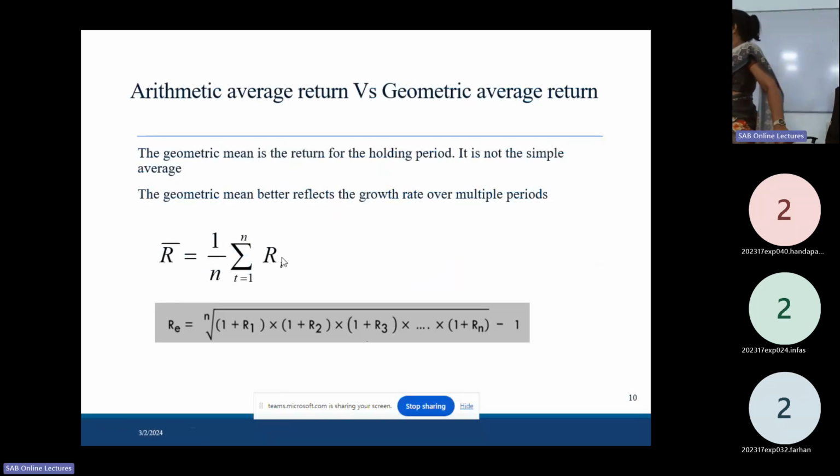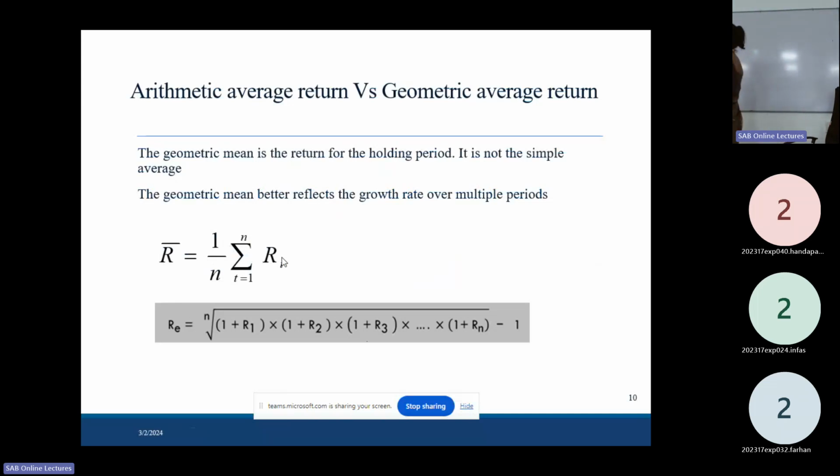If you look at the geometric mean, the second formula, you can see here 1 plus R1 into 1 plus R2, 1 plus R3, and likewise 1 plus Rn, to the power 1 over n, minus 1.